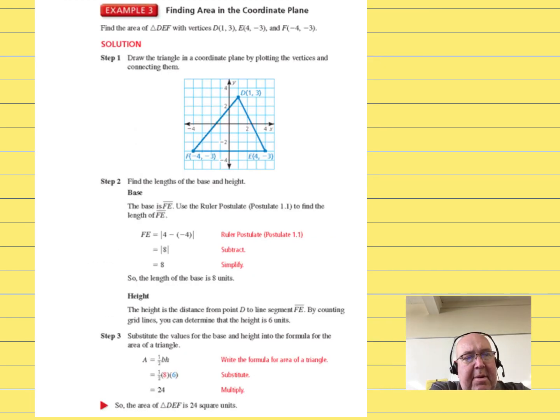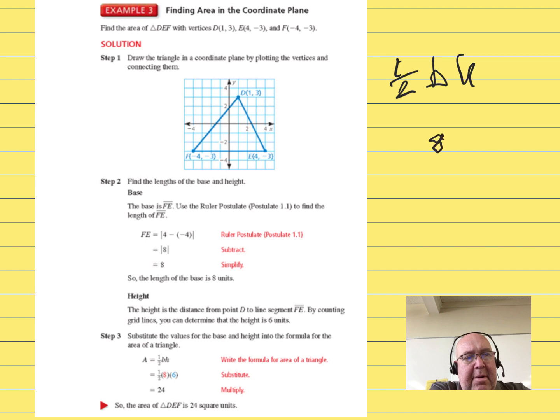When we look at area, we need to remember that the area of a triangle is 1/2 of the base times the height. Not a very good H there. So we look at the drawing here and we see that the base goes from -4 to 4, which is 8 units.